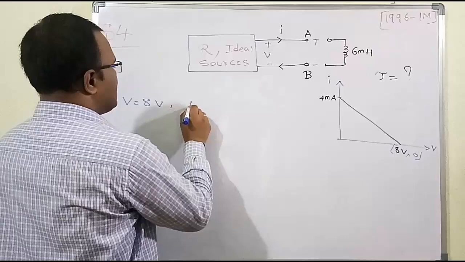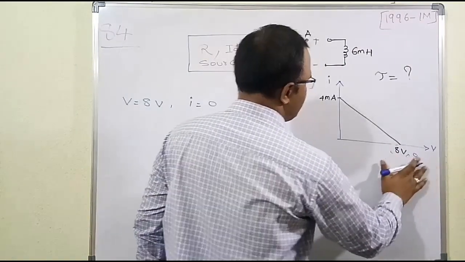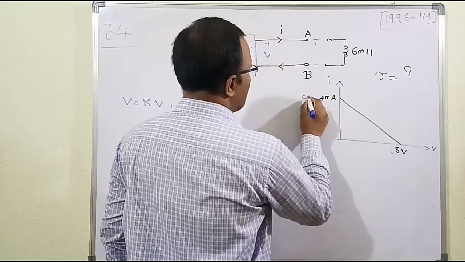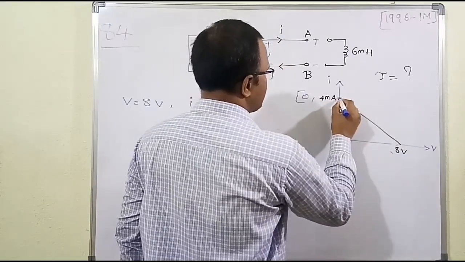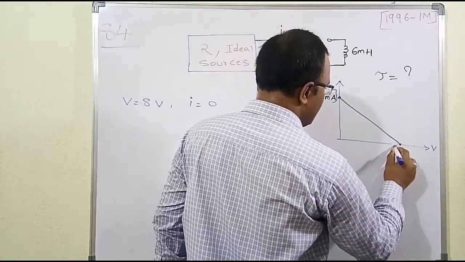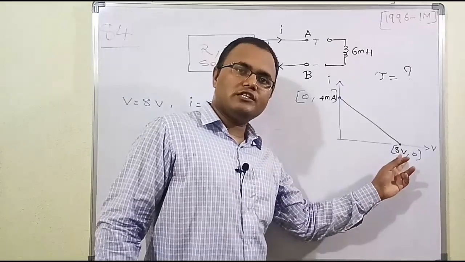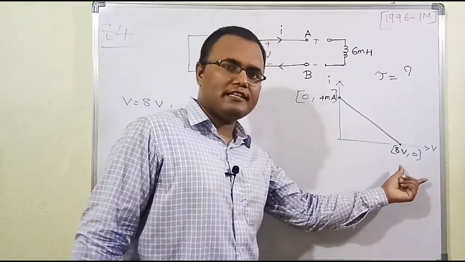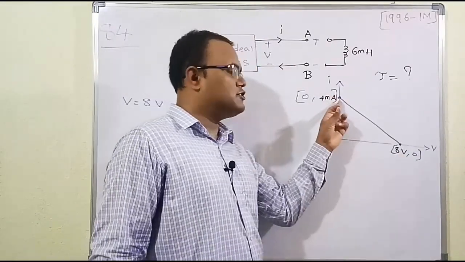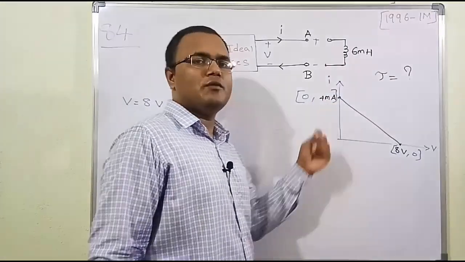Similarly, the other point is 0 comma 4 milliampere. So at this point the voltage is 8 volt and the current is 0, and at this point the voltage is 0 and the current is 4 milliampere.